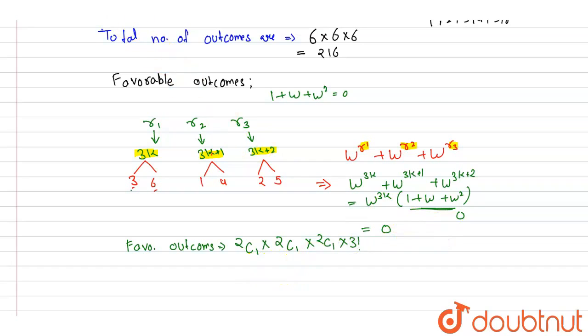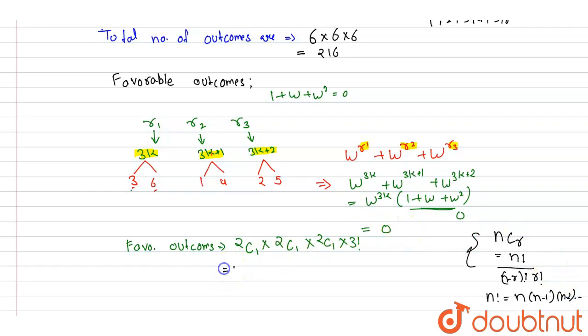As we know, we can solve nCr is equal to n factorial upon n minus r factorial into r factorial, and n factorial can be written as n into n minus 1, n minus 2 and so on.